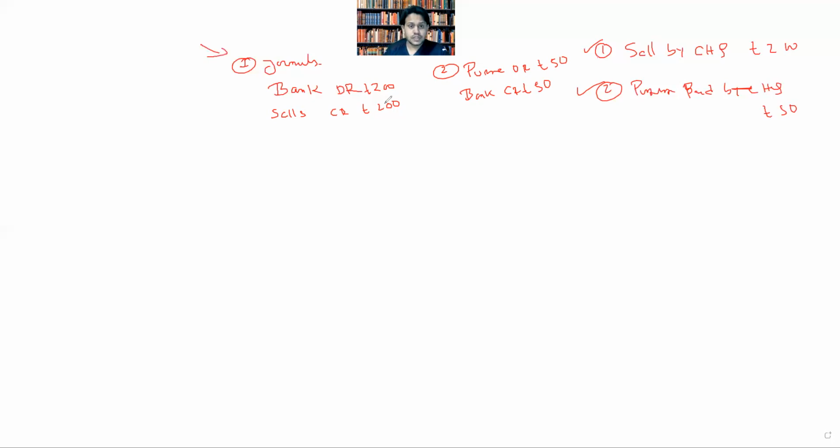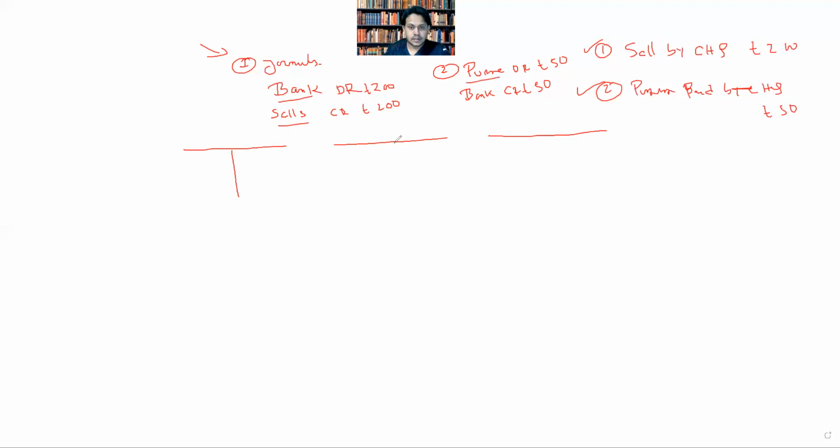Now I'm going to use these two journals to prepare the ledger accounts. Ledger account means the T account. I'm going to make a T account for every single entity we have. Every single entity gets a separate ledger account. For example, one for bank, one for sell, and one for purchase.